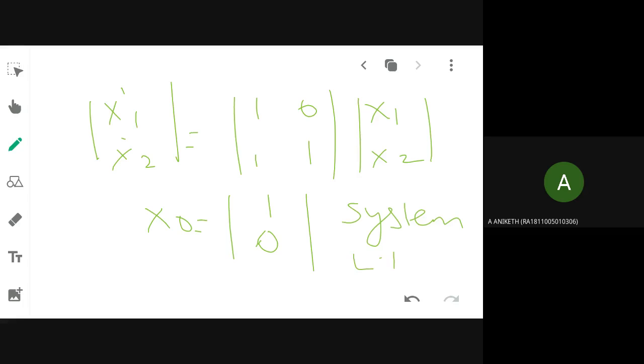So what is the expansion for LTIV? What is the meaning of LTIV system? Somebody in class, what is LTIV system? Linear time invariant system.